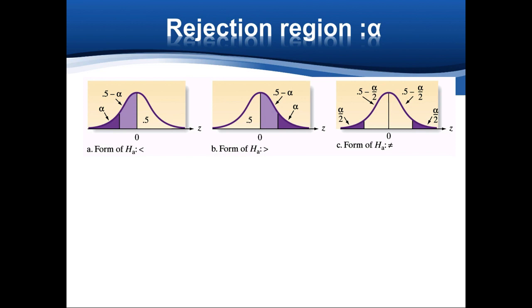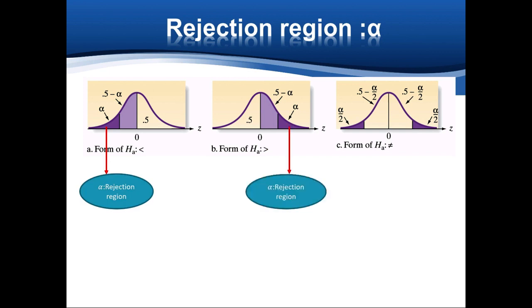Consistently, smaller than is the rejection region on the left, bigger than on the right, not equal on 2 sides.